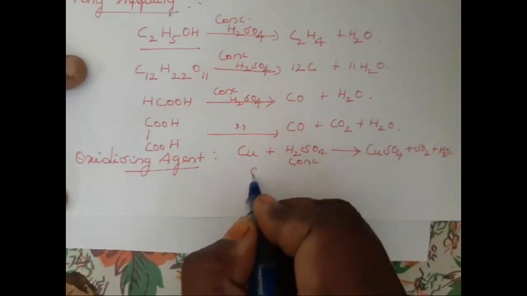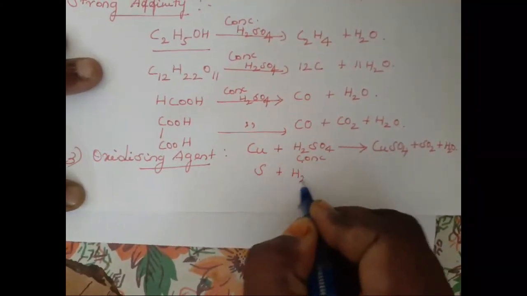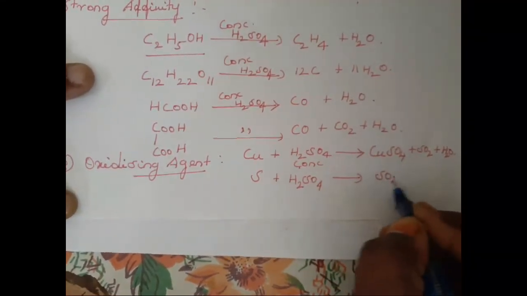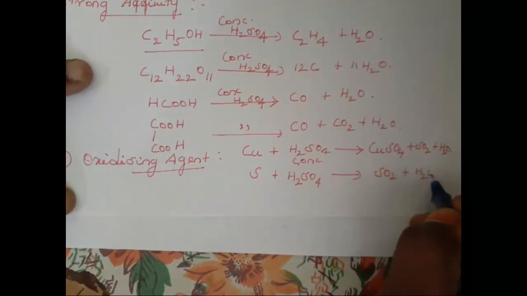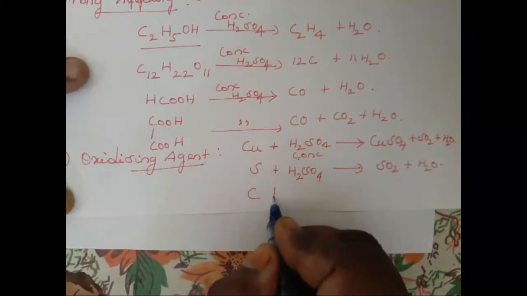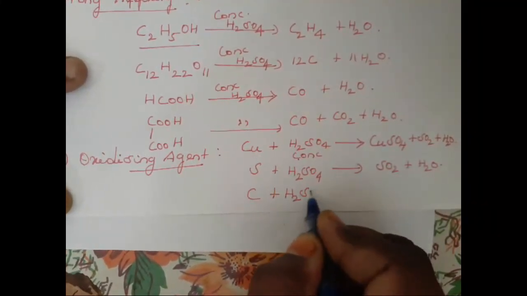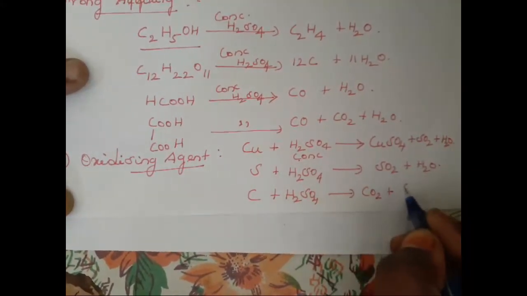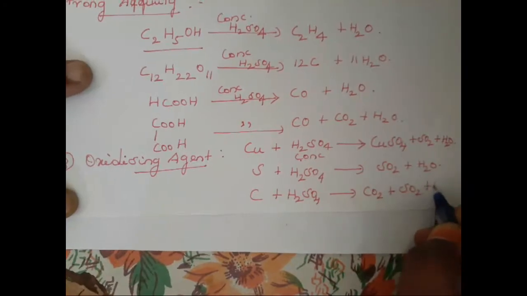Same way, when sulfur is treated with concentrated sulfuric acid, it produces sulfur dioxide and water. Same way, carbon, when it is treated with sulfuric acid, produces carbon dioxide gas, sulfur dioxide and water.